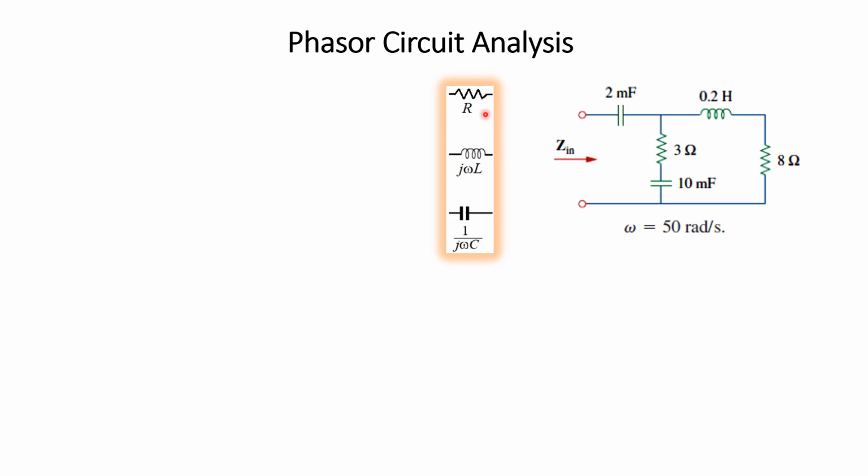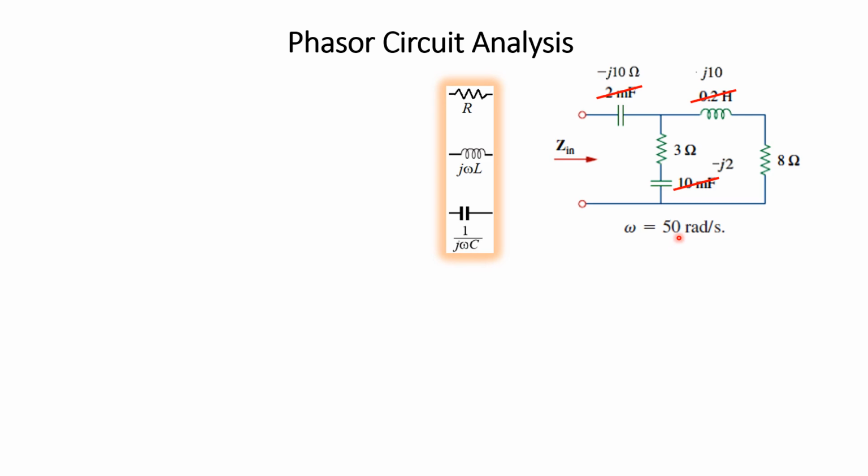There is no effect of frequency on the behavior of the resistance, and the inductor is shown as j omega L. Inductive reactance is directly proportional to the frequency, and capacitive reactance is inversely proportional to the frequency. Now we replace this 2 millifarad capacitor with minus j over omega C.